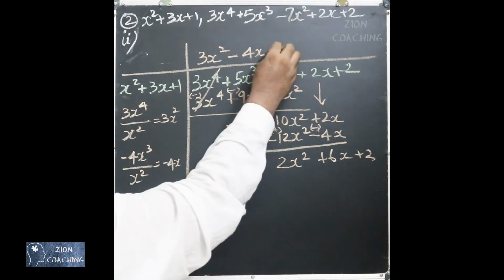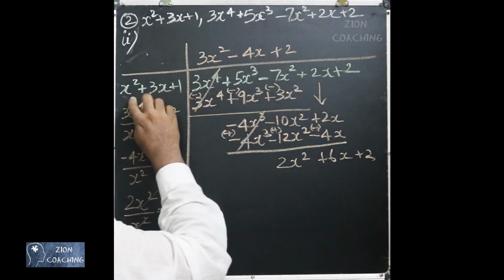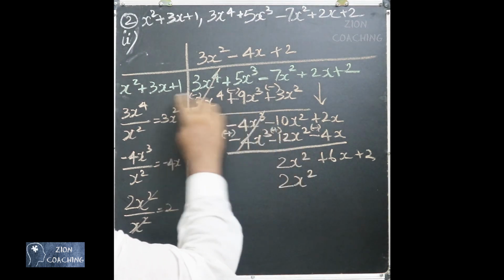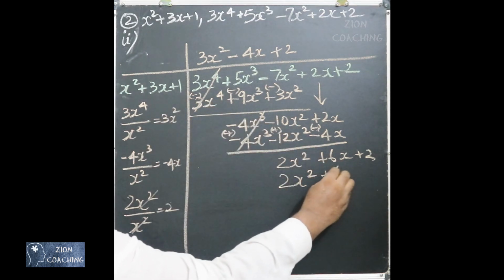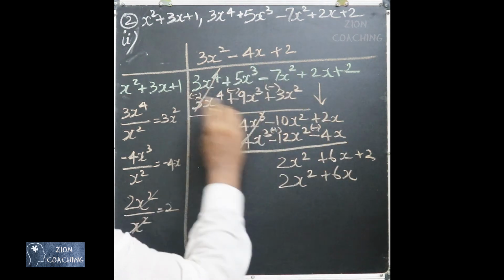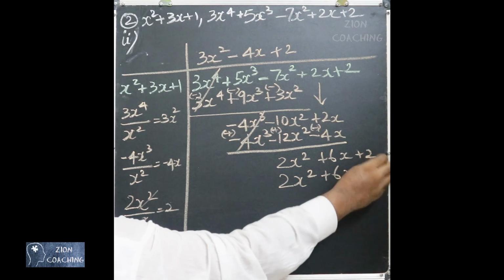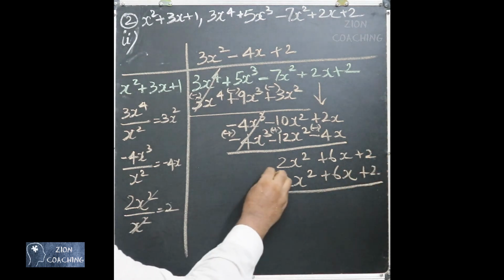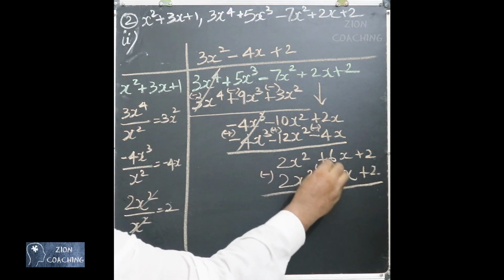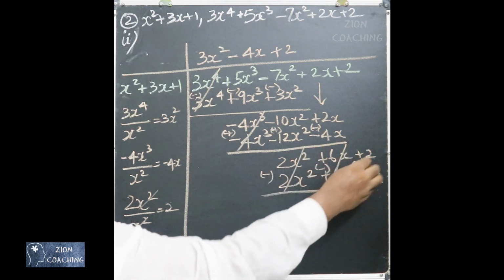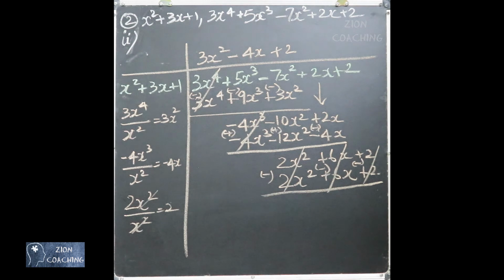So we are going to multiply by 2 the entire divisor. 2 into x squared is going to be 2x squared. 2 into 3x is going to be 6x. 2 into 1 is 2. Now we are going to change the symbol and add. This will become minus, this will become minus, and this will become minus. This will get cancelled, this will get cancelled, and this also will get cancelled.